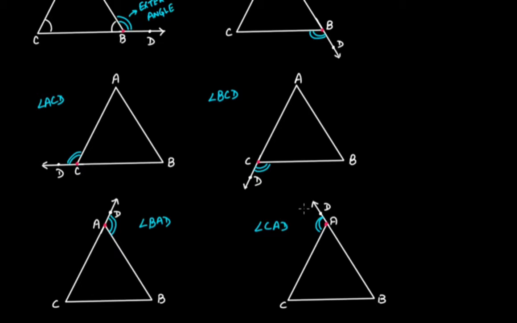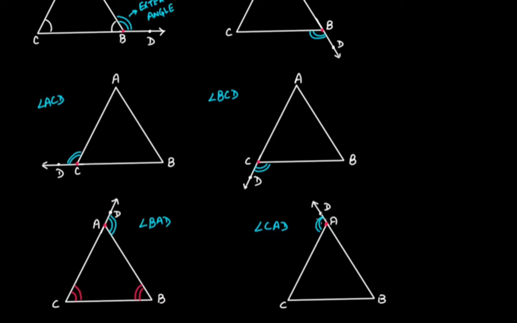Okay, so we have learned about exterior angles, and in all these cases, if we take this exterior angle and this angle, this is the exterior angle at the vertex A, and the interior angles are angle C and angle B, and same thing here.